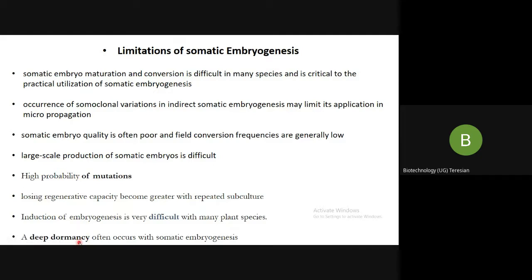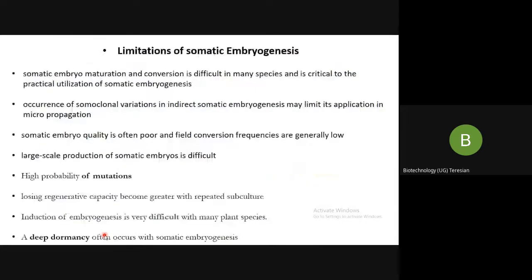Either they germinate very fast and give you a weak seed, otherwise the length of dormancy, the length of germination, is a very long period. Can you wait for such a long period? What is our aim in somatic embryogenesis or any tissue culture? You try to provide plants as soon as possible with all the qualities in them. But here it is the opposite.